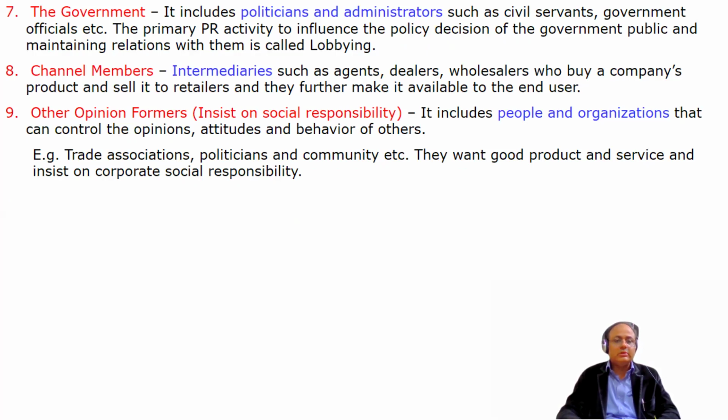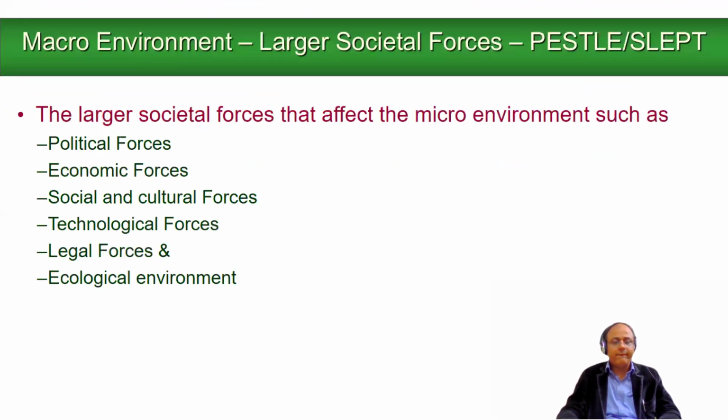Then you have the intermediaries and other opinion formers, which includes people and organizations that can control the opinions, attitudes, and behaviors of others, like trade associations, politicians, community. They want good product and service and insist on corporate social responsibility.